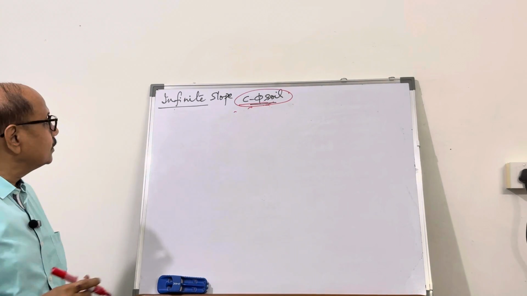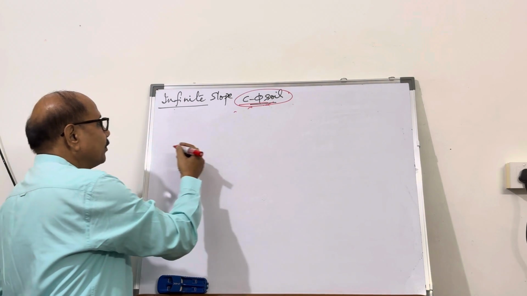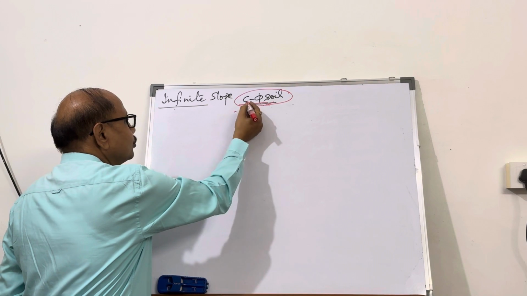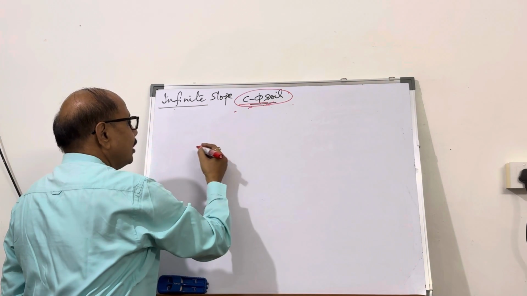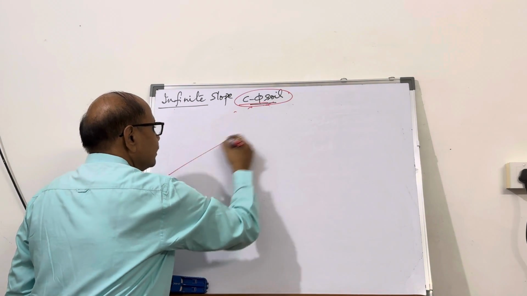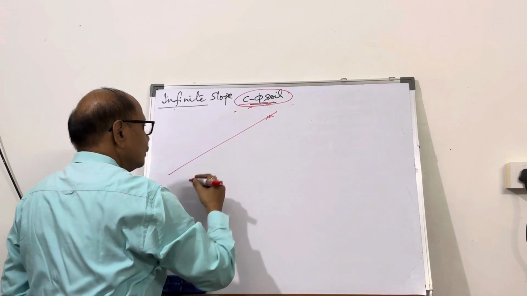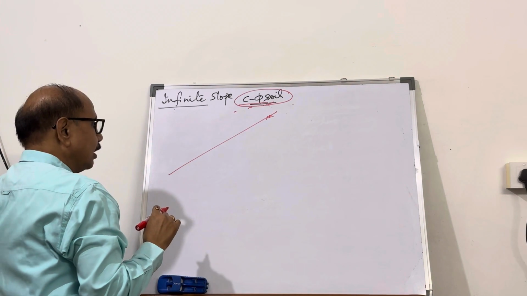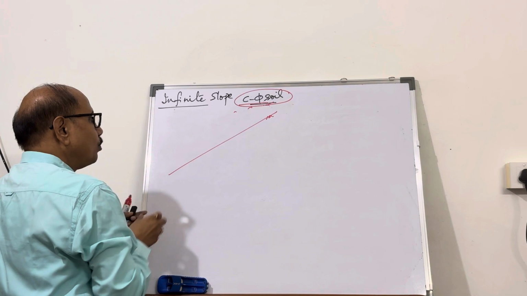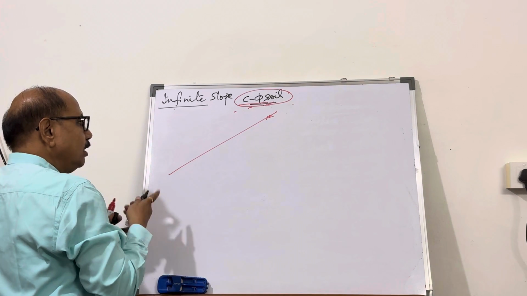Hello friends. So today we will take up a case: an infinite slope made of c-phi soil. Let's say this is the slope made of c-phi soil, and the slope angle as usual is going to be beta.